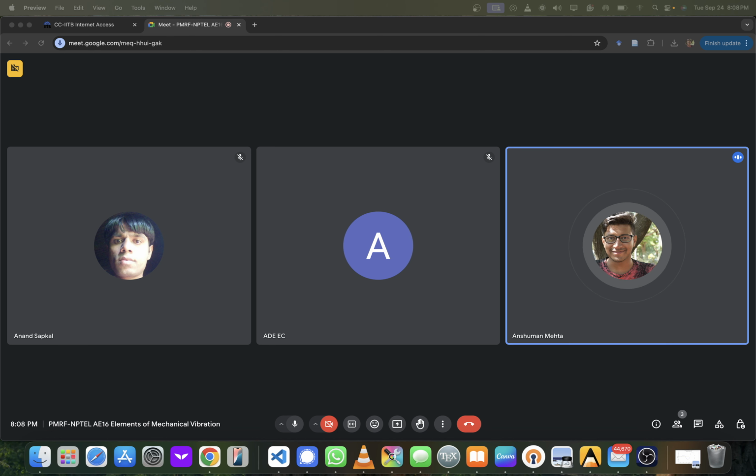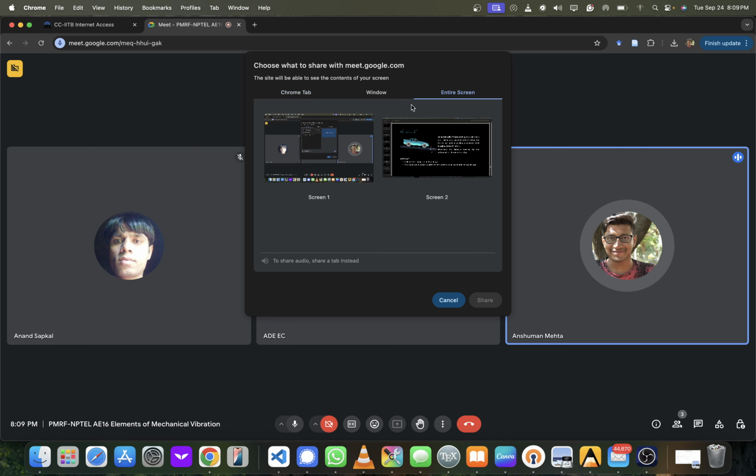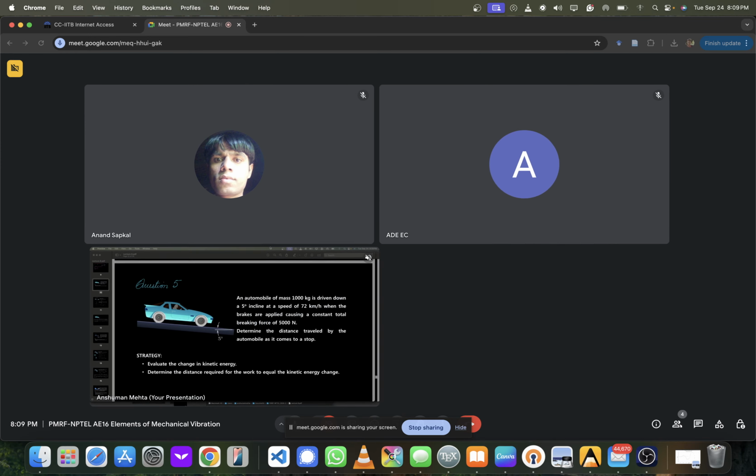Okay, so in this question we have the strategy to evaluate the change in kinetic energy and then determine the distance required for the work to equal the kinetic energy change.